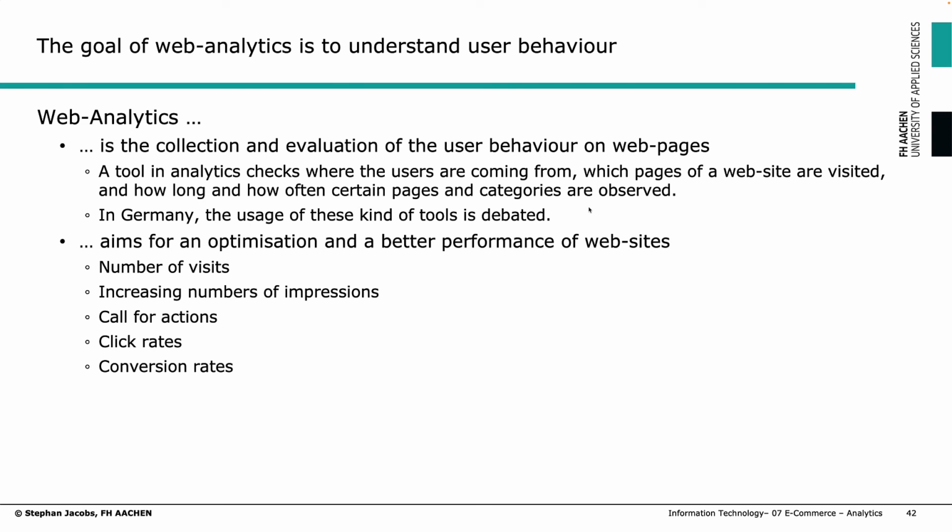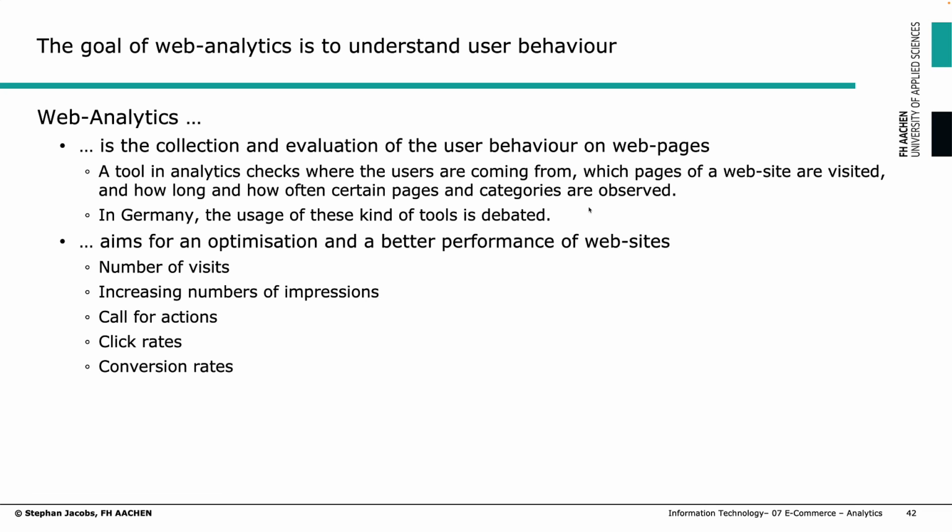The goal of web analytics is to understand user behavior. It's the collection and evaluation of user behavior on our web pages. And web analytics aims for an optimization and better performance of websites.